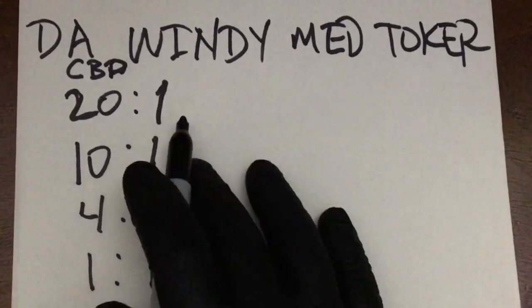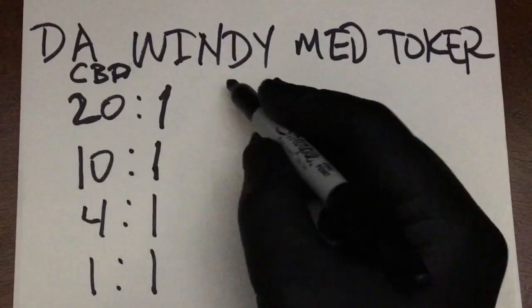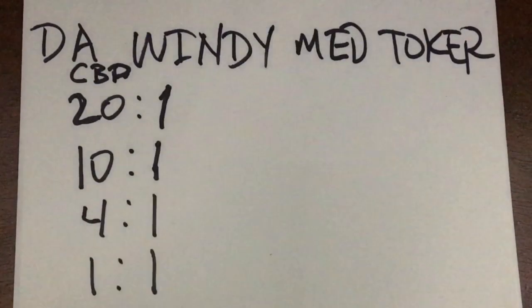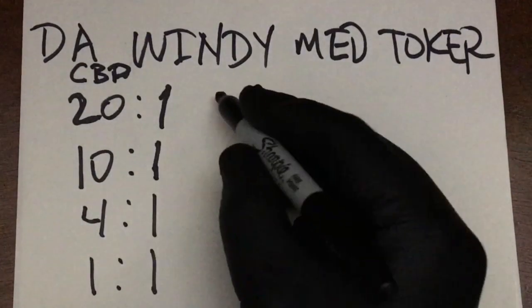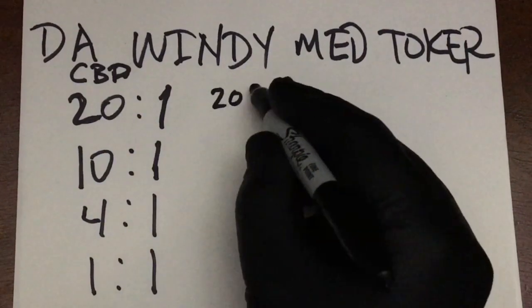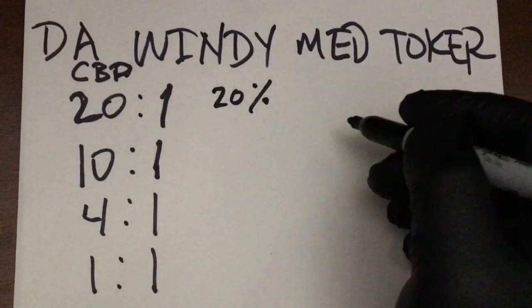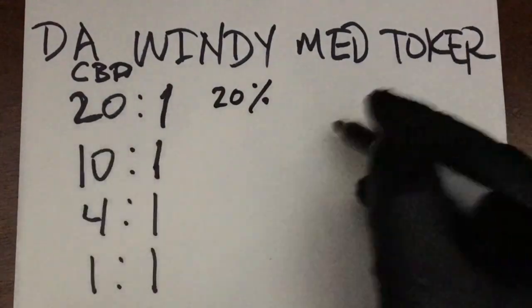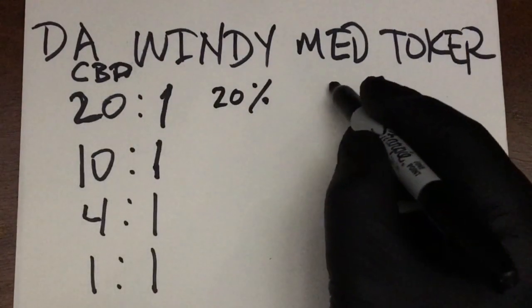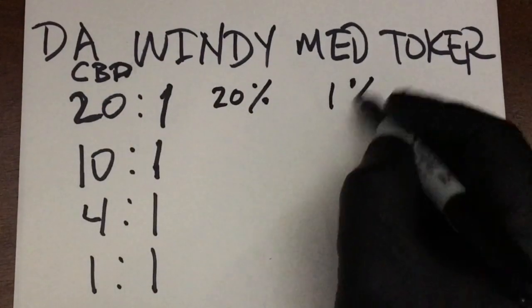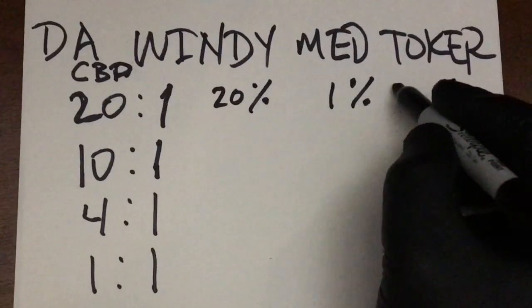Okay, so 20-to-1 CBD. If you had a strain that has, let's say, 20% CBD, that means it would have 1% THC.